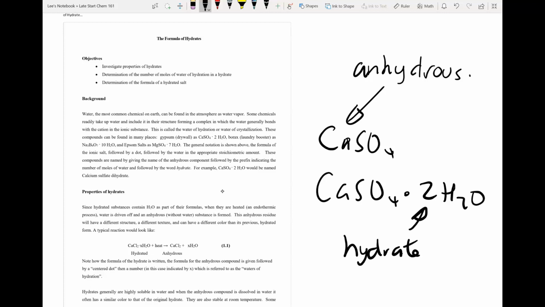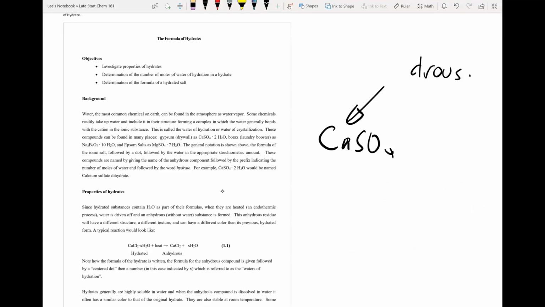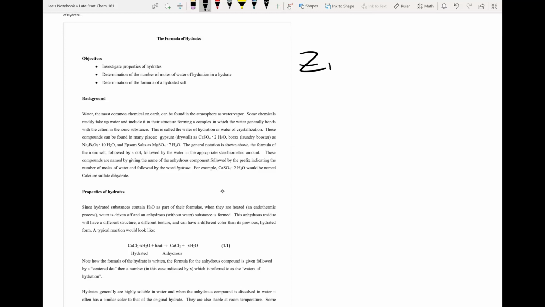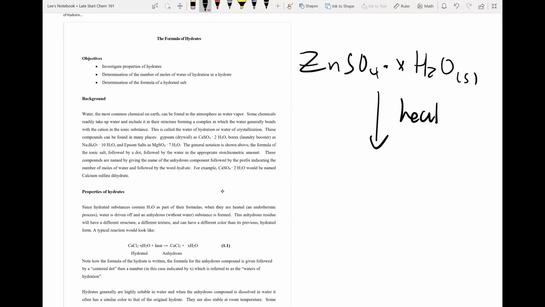Now, it turns out that if we have a hydrate and we heat it up, it will lose the water. We're going to do this for two different hydrates in this lab. We're going to take some zinc sulfate hydrate, which is a solid. We're going to heat it, and that's going to give us solid anhydrous zinc sulfate, and then X moles of water will leave as a gas.